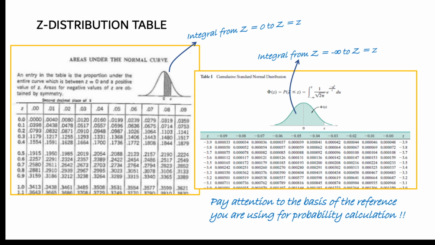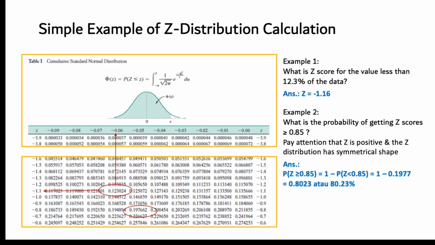Here I give two examples of simple calculation using the z distribution. The first question asks you to determine the z-value which results in a left-sided probability of 12.3%.